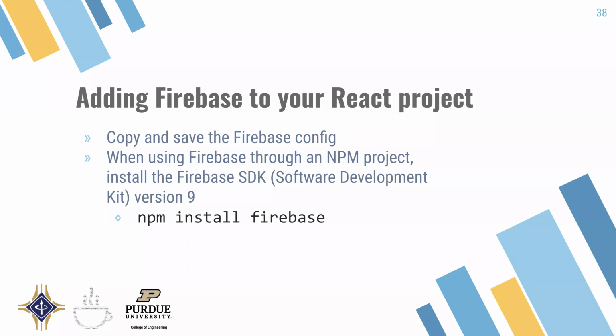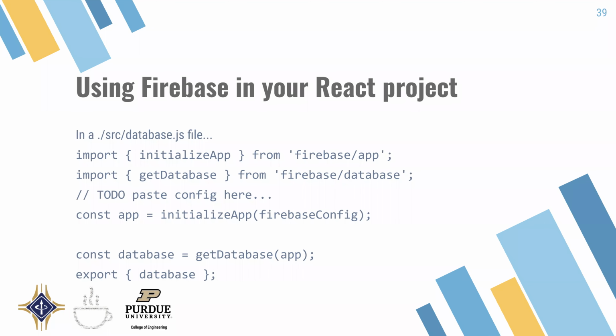Yep, so this is what your database.js is going to look like. You're going to be importing initializeApp from Firebase app, and getDatabase from Firebase database. App is basically where all the core setup happens. So initializeApp sets everything up and starts the connection, while Firebase database is where all the interactions dealing with the database exist.